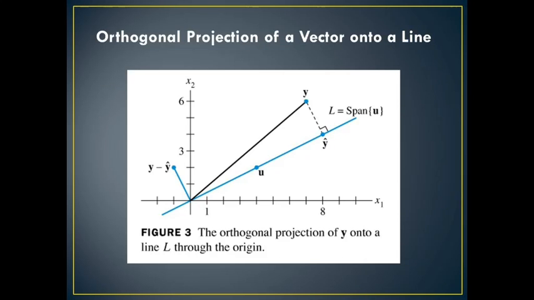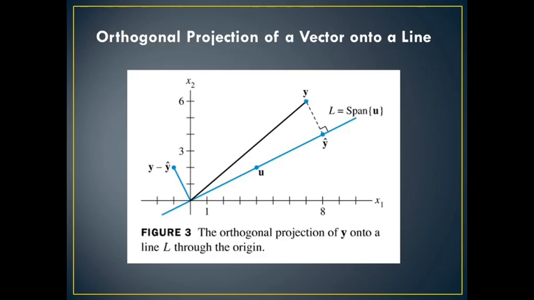The projection of y onto L is how that is said out loud. Here's a picture of an orthogonal projection. You can see you have this vector y and the line L, that's the blue line. And basically what you do is you just drop y down onto the line.